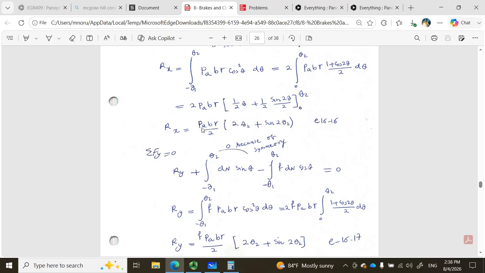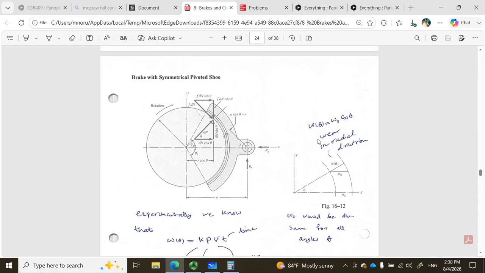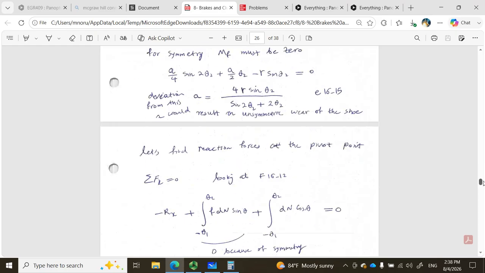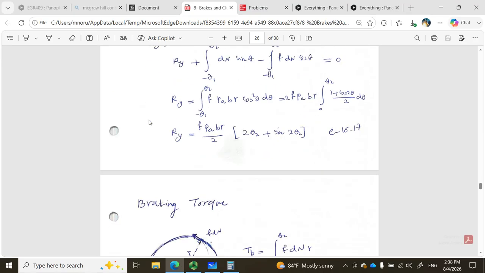PA is the maximum pressure between the shoes and the drum, which happens at theta equal to 0 at this point. Knowing PA, we can find Rx. B is the width or depth, R is the radius of the drum, theta 2 are angles. Ry is going to be equal to this equation.